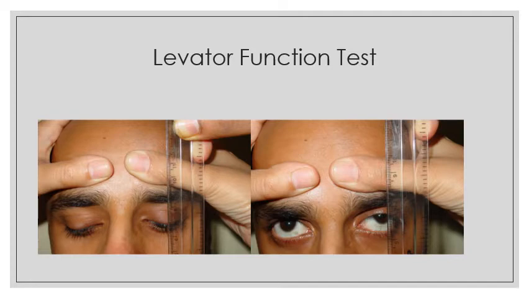Then ask the patient to look upward as far as possible without any change in the head position. The distance the upper lid margin elevates in millimeters is the action of the levator muscle.